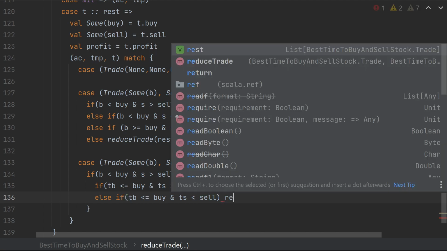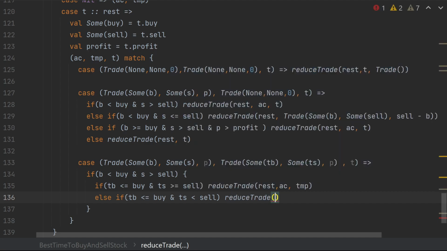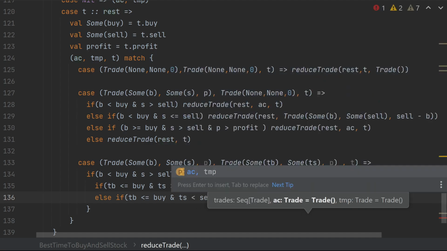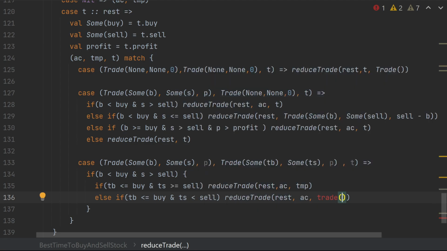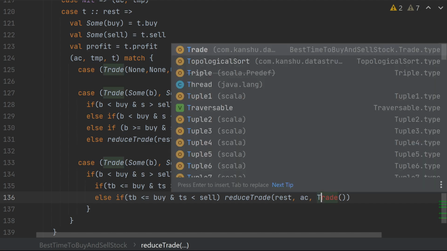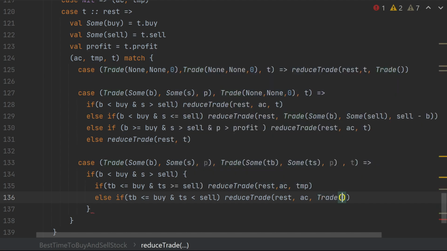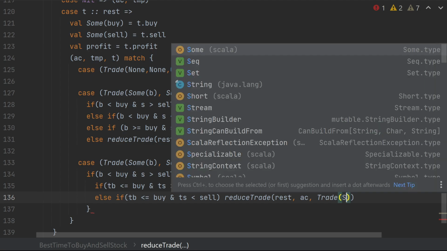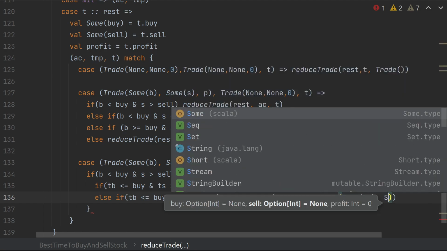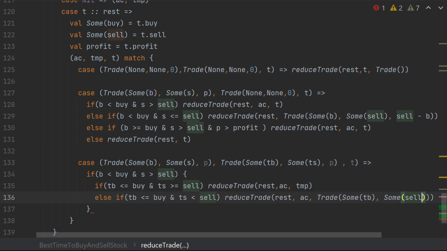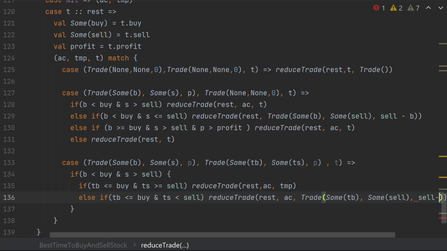So let's make that thing happen, reduce trade, and it is going to be rest, and we are going to add the AC, and we are going to add a new trade. Basically we are going to upgrade the trade or reduce the trade here for the buffer. So it is going to be sum of TB as is, and then it is going to be sum of sell, and then we are going to write the profit, that is sell minus TB.